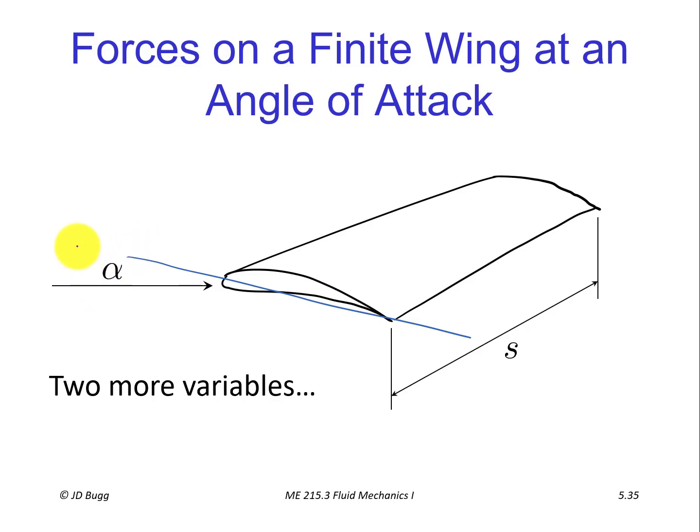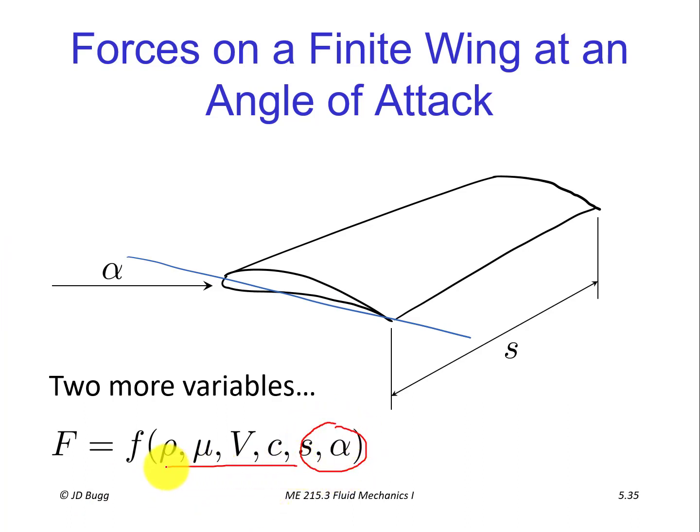So our two more variables show up here. So these are the two things we're adding. All the rest of this is the same as what we did before. So we're not going to go through all of the details of Buckingham pi theorem right from the beginning again, and there's really no need to do that. If you want to add new variables to a Buckingham pi analysis that's already been done, there's no need to redo the work that you've already done.